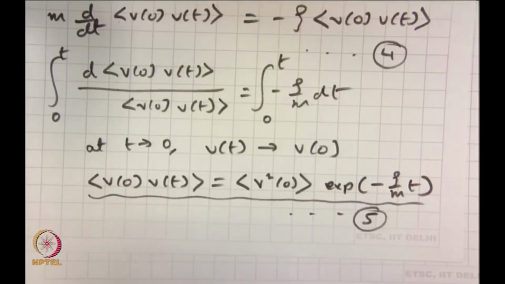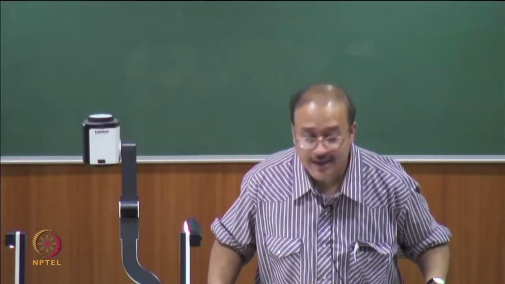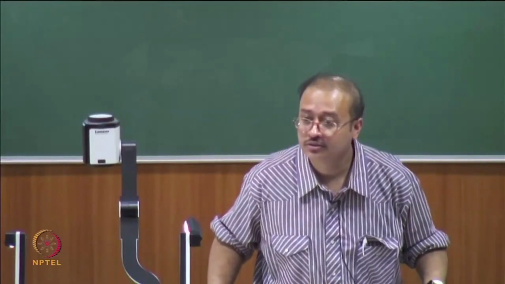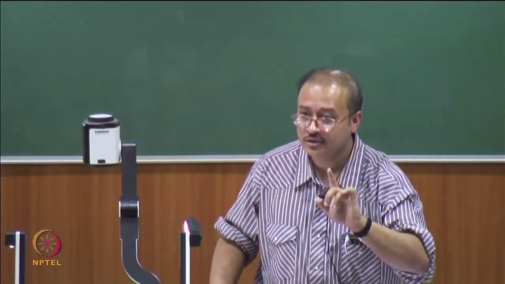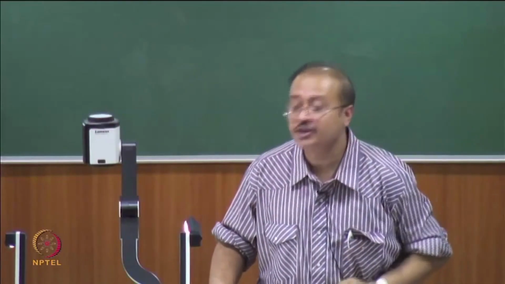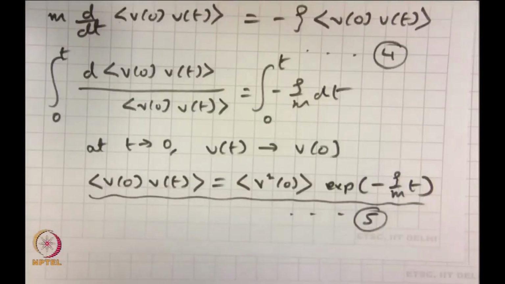What you see is that your velocity correlation function has an exponential dependence on what? t, based on a certain constant which is xi by m. What is xi? Friction coefficient. What is m? Mass of the particle.